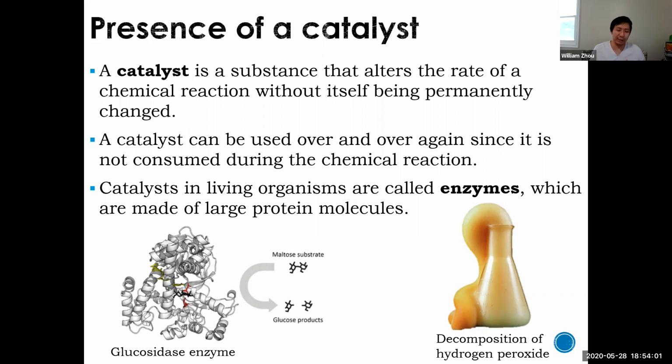They do the exact same thing. They speed up chemical reactions. Without enzymes, we will just drop dead in like a second or less than that. Enzymes are constantly keeping you alive by making sure that your body's metabolism is working. Every single reaction in your body needs an enzyme, and without it, it just doesn't work.